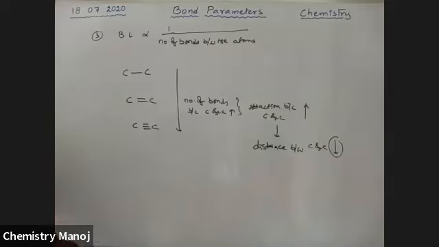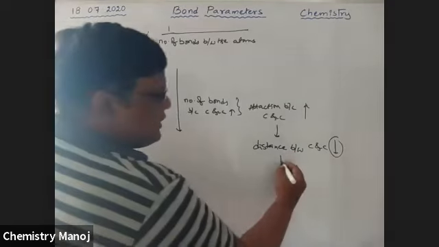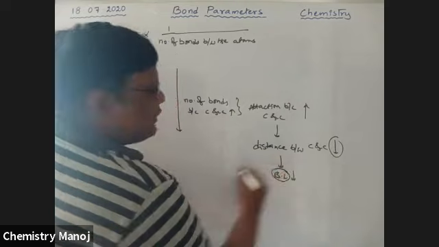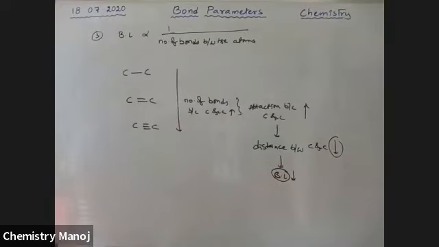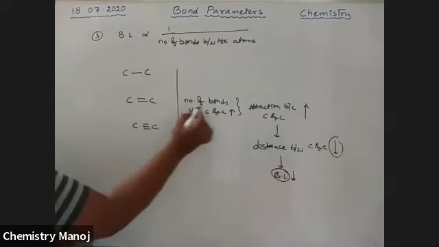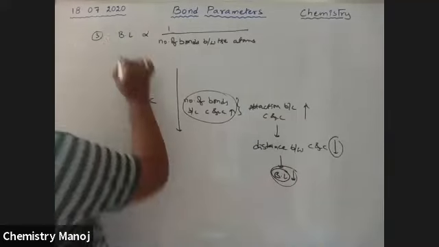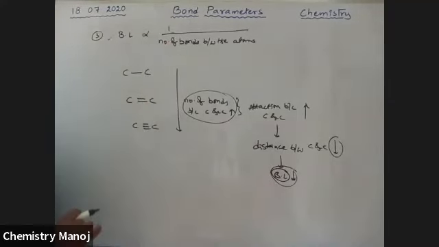As distance decreases, bond length decreases. Therefore, as the number of bonds between the atoms increases, bond length finally decreases. So bond length is inversely proportional to the number of bonds between the atoms. It is very, very important.